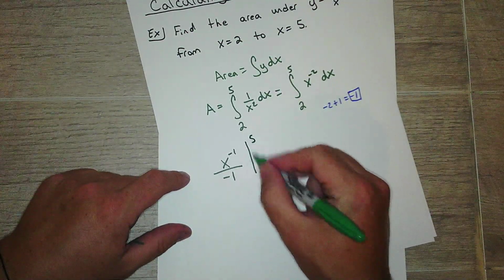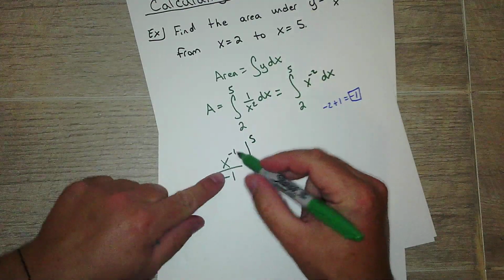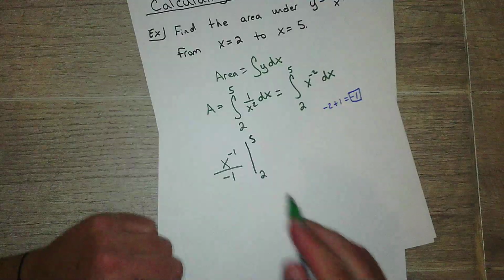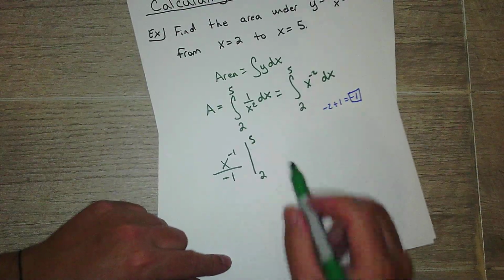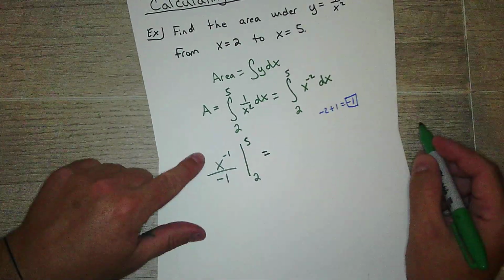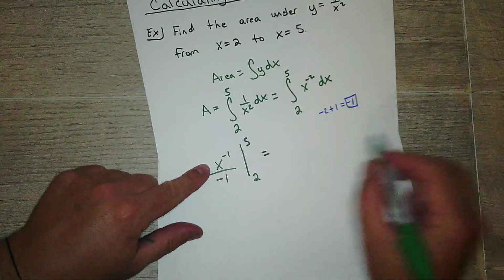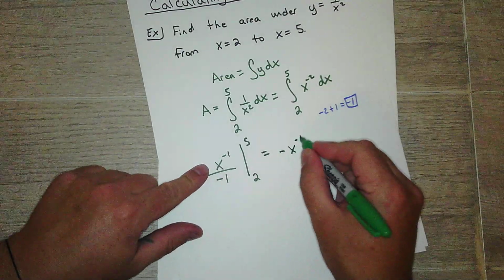Remember, after you integrate, you draw a line behind your new expression with your limits. So now that means this evaluated between 2 and 5. So obviously this just means negative x to the negative 1.